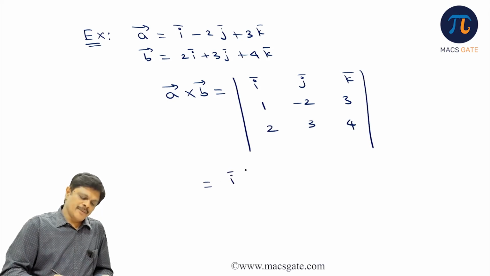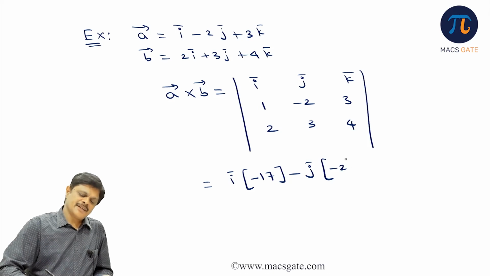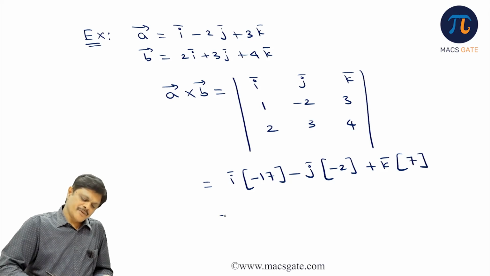So what you need to do: i bar into minus 2 into 4, minus 8, minus 9, that is minus 17. Minus j bar into 4 minus 6, that is minus 2. Plus k bar into 3 plus 4, that is 7. When you simplify, you get minus 17 i bar plus 2j bar plus 7k bar.